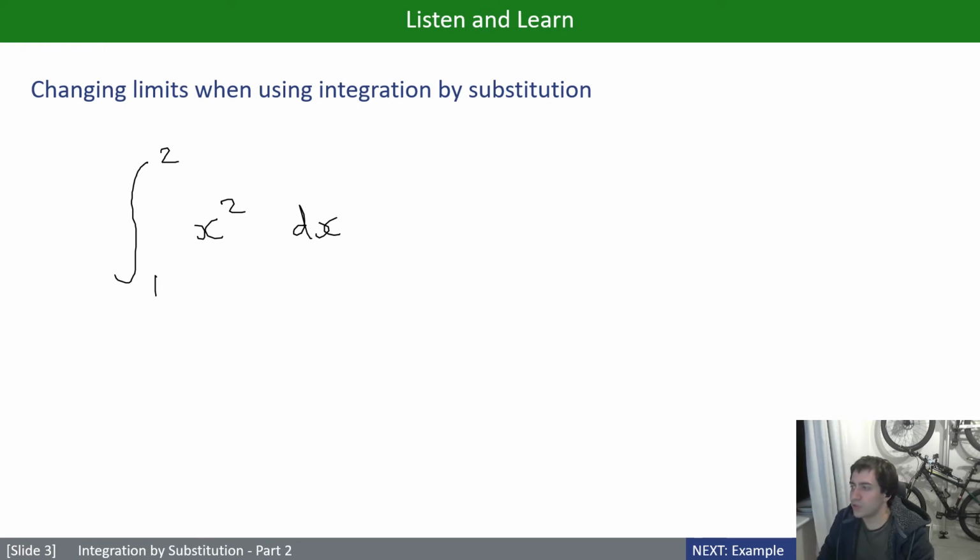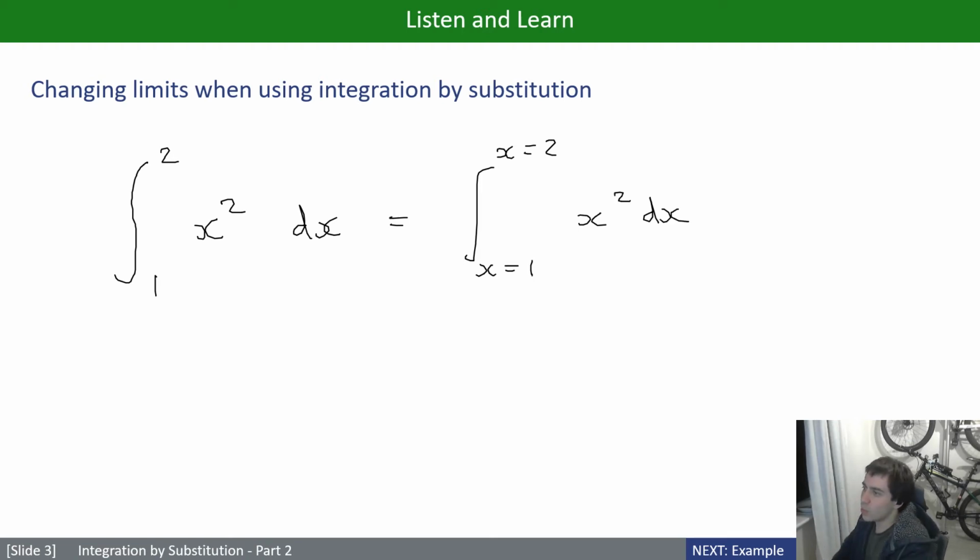I just want to remind you first that within this notation there's something I want you to think about in terms of the limits, which is that these are kind of like invisible x's here. So really, if you wanted to make it very clear, this is what you're doing: the integral of x squared dx, where x ranges from 1 to 2.